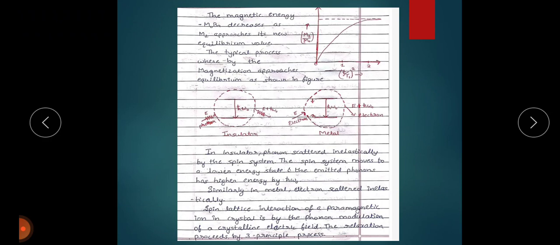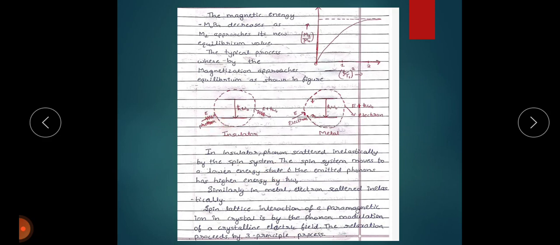Next, we have two cases: one is in the case of insulators and the other is in the case of metals. In insulators, the phonon is scattered inelastically by the spin system, and the spin system moves to a lower energy state.